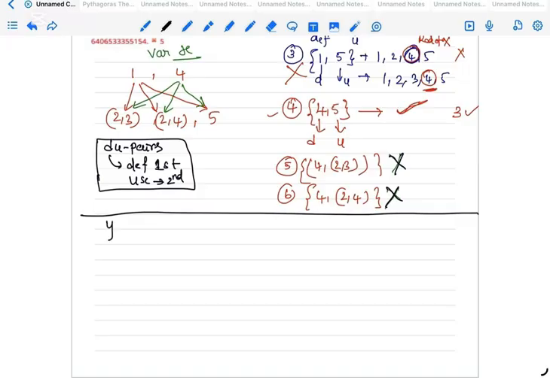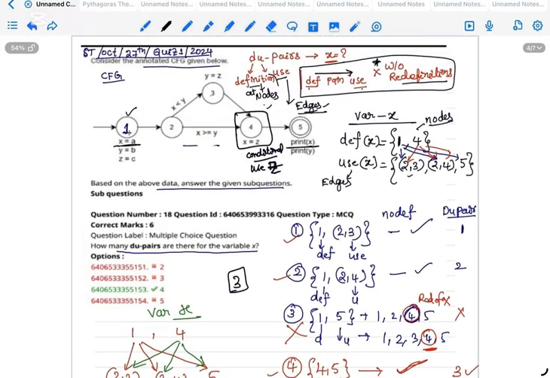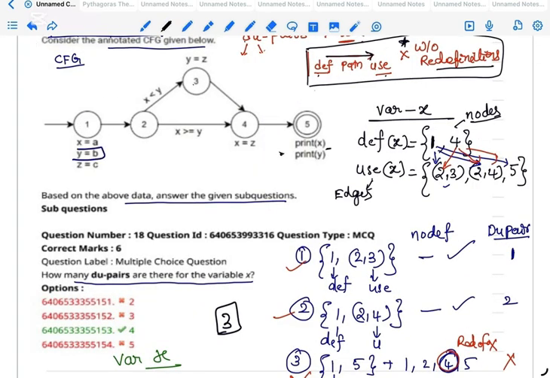For the variable y, let's look at the definitions and uses. The variable y is defined, y equals b, at nodes 1 and 3.